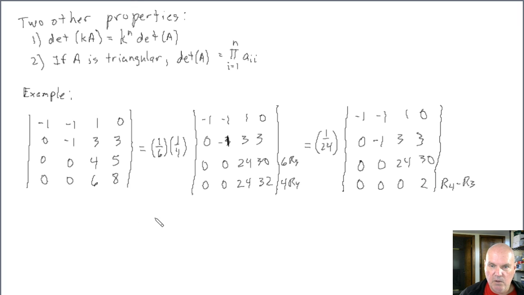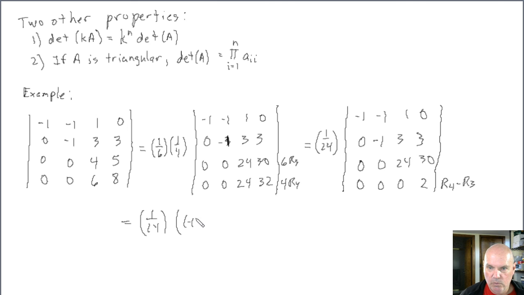And now this matrix is in upper triangular form. There are no elements below the main diagonal, which makes it really easy to compute the determinant. It's just the product of the terms along the main diagonal.